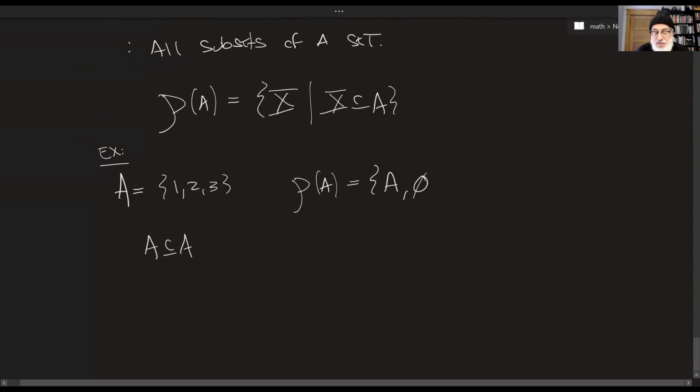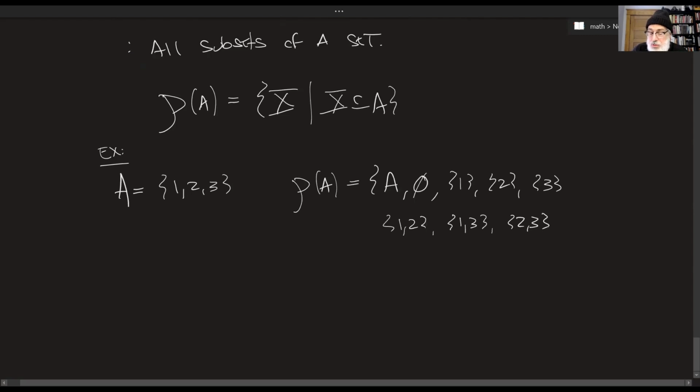So the empty set is in the power set. Now, every possible subset will be in here too. The singleton sets will be in here: the set that has 1, the set that has 2, the set that has 3, and then every combination of that. So {1, 2}, {1, 3}, and {2, 3}.